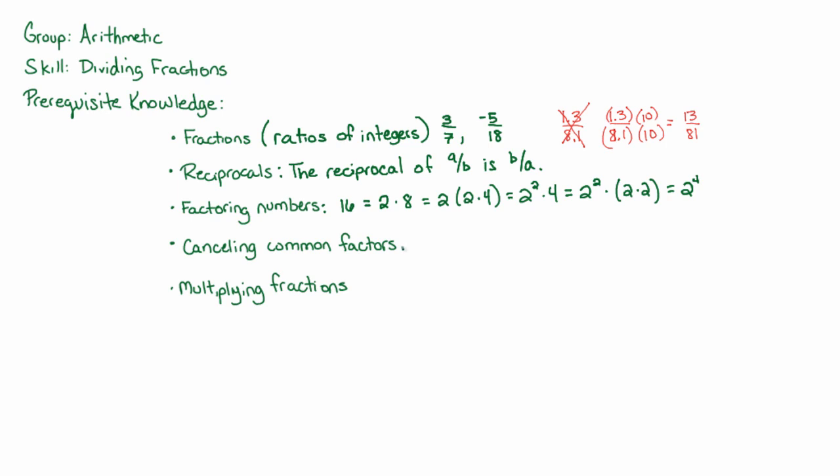Canceling common factors: if you have a fraction given and you factor both numerator and denominator, canceling common factors means that you look at the factors in both numerator and denominator and you can cancel common factors.